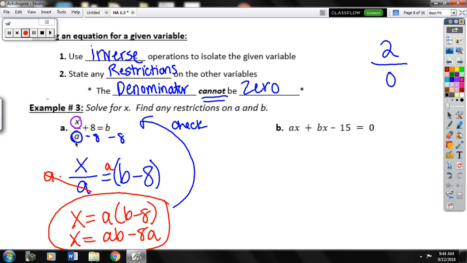Well, yes, A. So our restriction is that the variable A could be any number in the world except 0. So you'll put A, an equal sign with a slash through it, which means cannot equal 0. If A were to equal 0, you would get x divided by 0, which is undefined. Remember in your calculator, if you type it in, it gives you like a divide by 0 error.